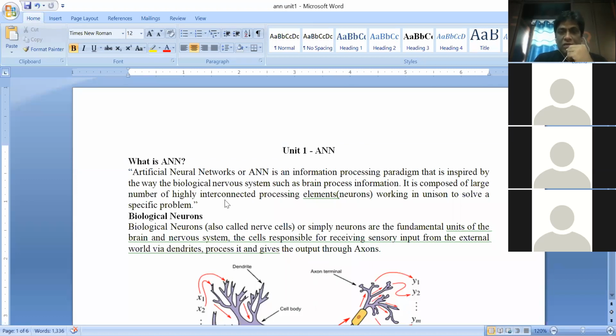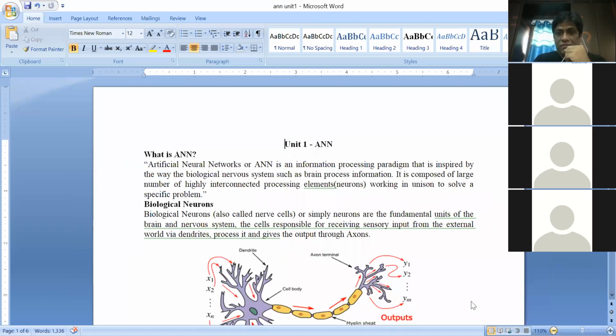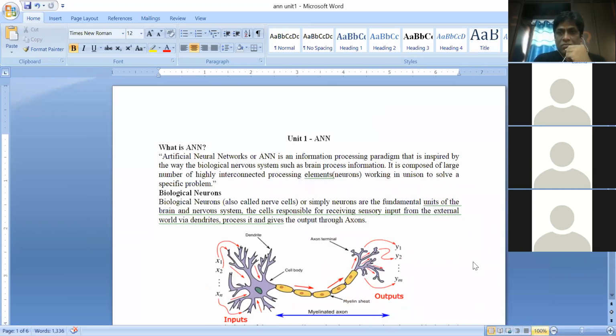So what is ANN? The first thing we need to understand is what is this ANN? ANN is actually an information processing system which works similar to our brain processing methodology.